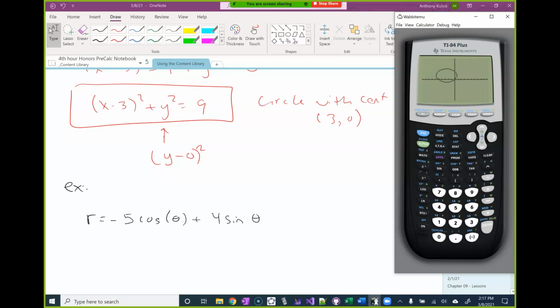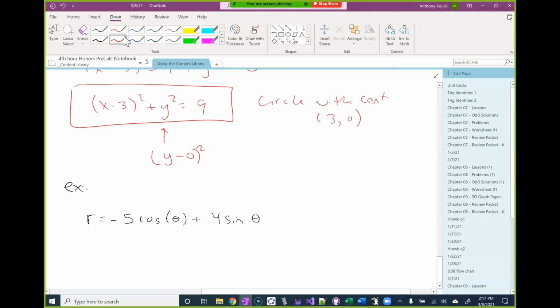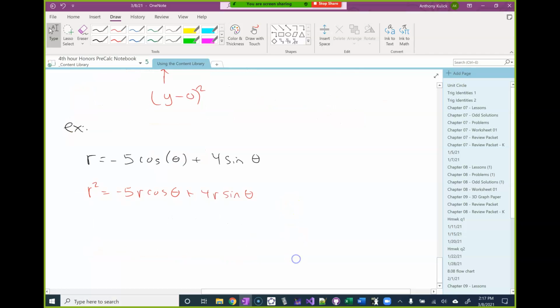Well, I'm going to start the same way. Let's multiply both sides by r, and then apply some of our identities. So r squared is x squared plus y squared, r cosine theta is x, r sine theta is y.